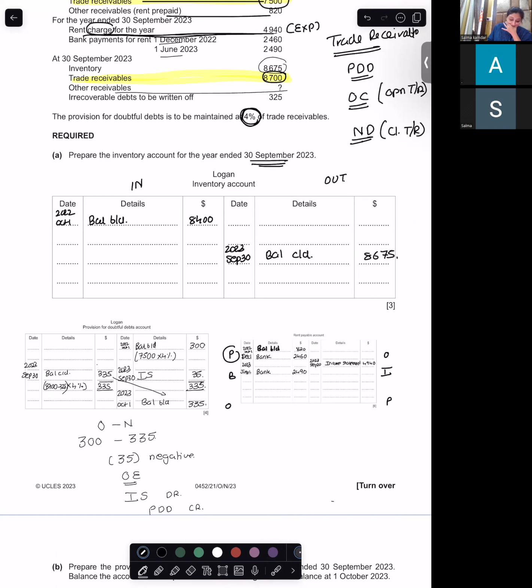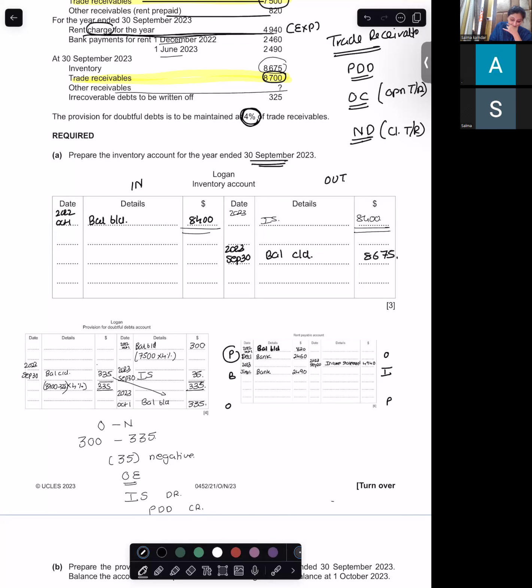So what do I do? This is opening inventory 8,400. That means the entire opening inventory is transferred to the income statement. So this entire 8,400, there is no other information given to us. So this entire 8,400 will go to the income statement on the last date.